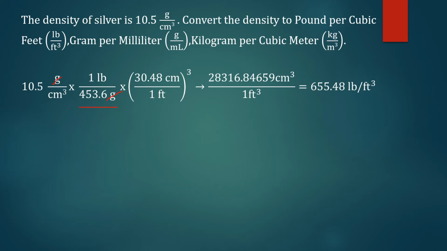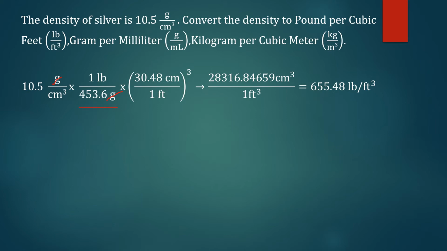So 30.48 centimeter is equivalent to 1 feet. So we will be raising everything to the third power. So the 30.48 centimeters cubed will be 28,316.84659 cubic centimeter, or centimeter cube, over 1 feet cube, or 1 cubic feet.